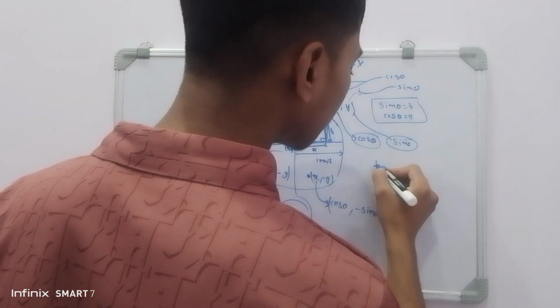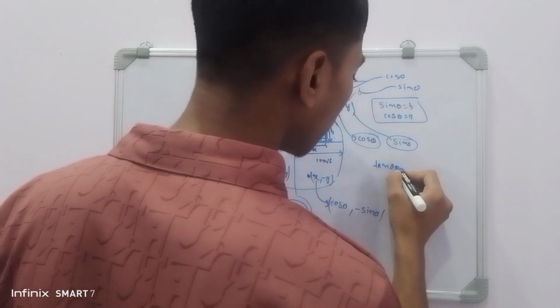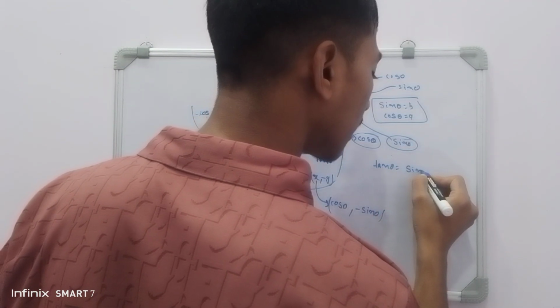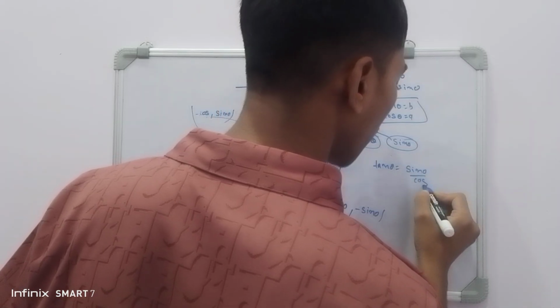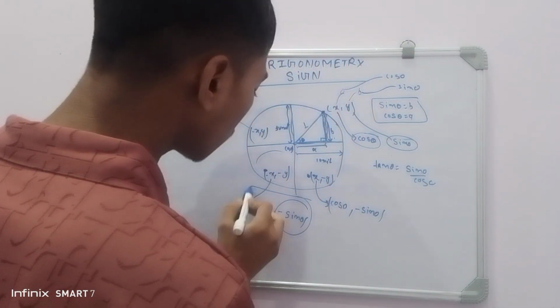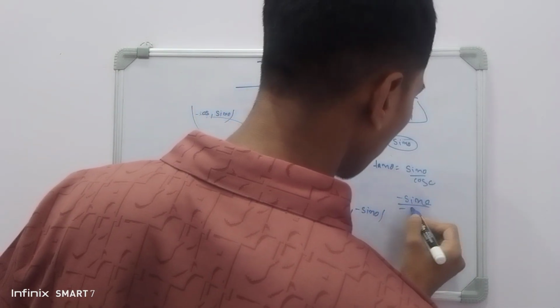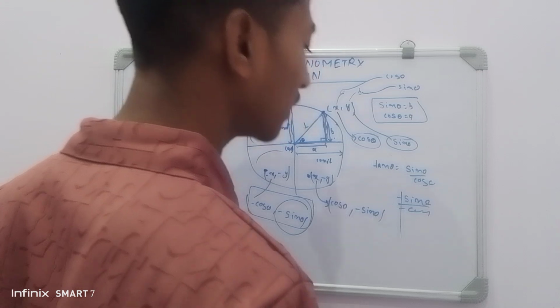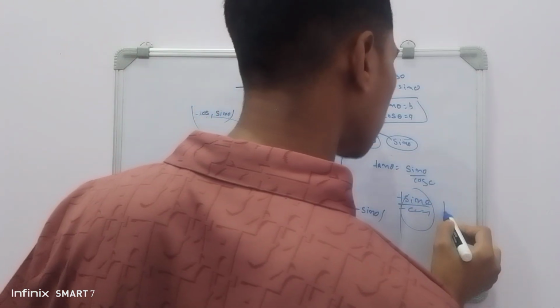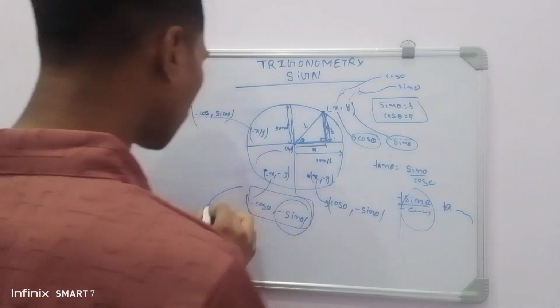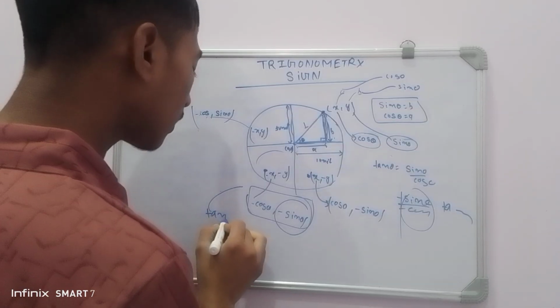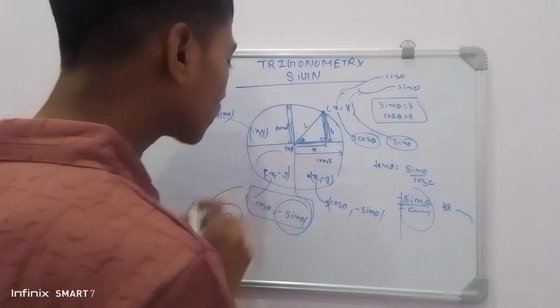As you know, tan theta is equal to sin theta by cos theta. In the third quadrant both of them are negative, that means minus sin theta over minus cos theta, the minus cancels out, and this is going to be tan theta. So in the third quadrant, tan theta is positive.